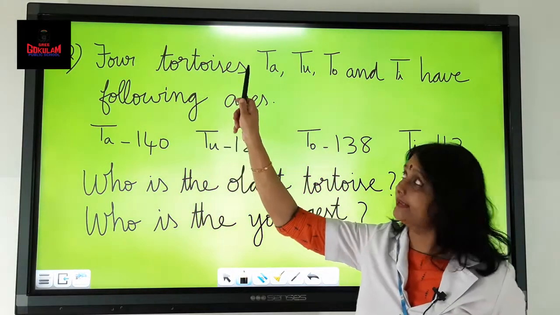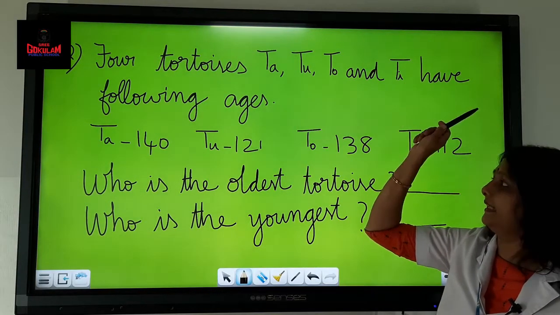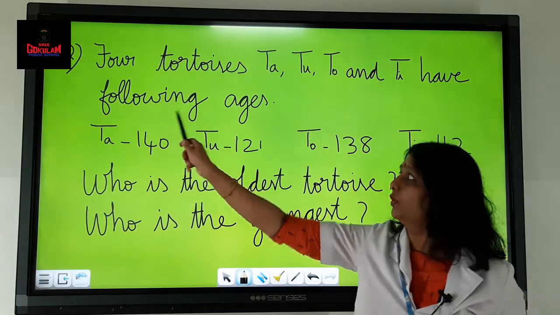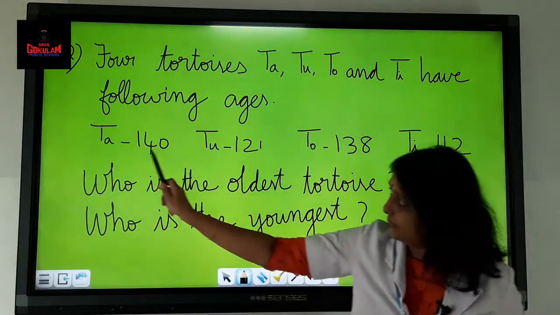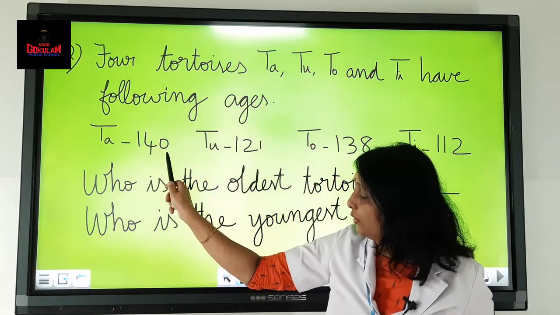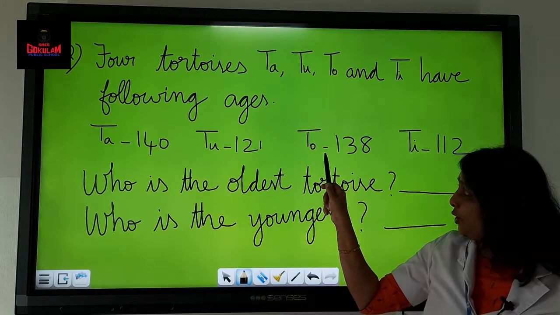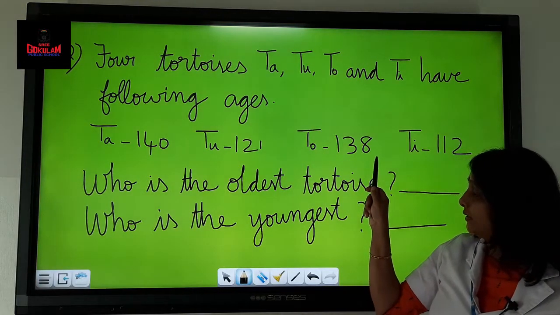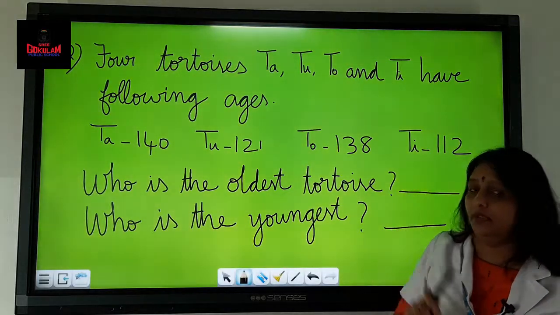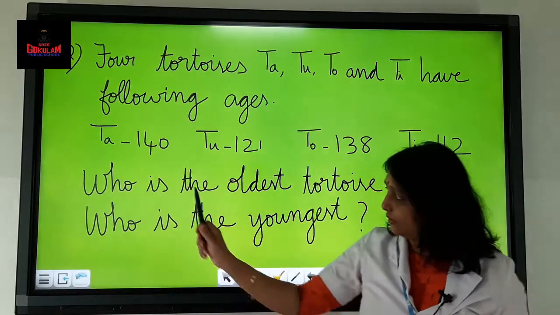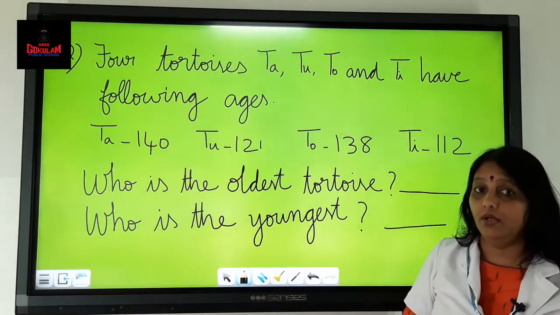Four tortoises, Ta, Tu, To and Ti, have following ages. These are their ages. Ta is 140 years old, Tu is 121 years old, To is 138 years old, Ti is 112 years old. The question is, who is the oldest tortoise?